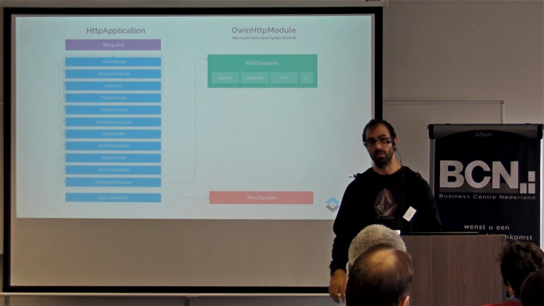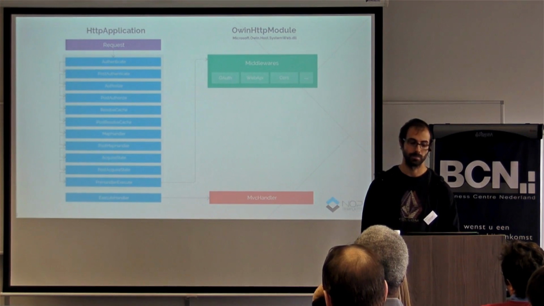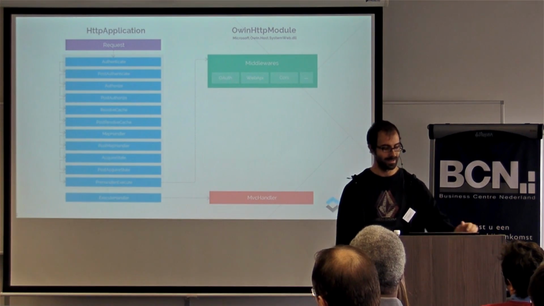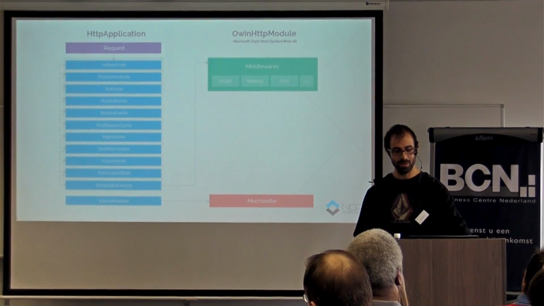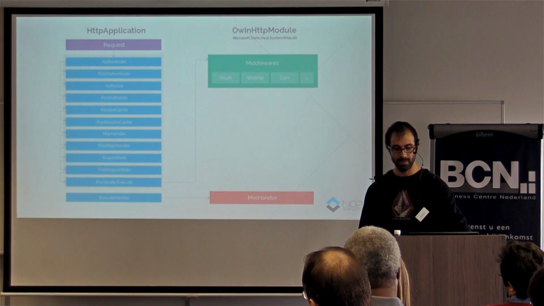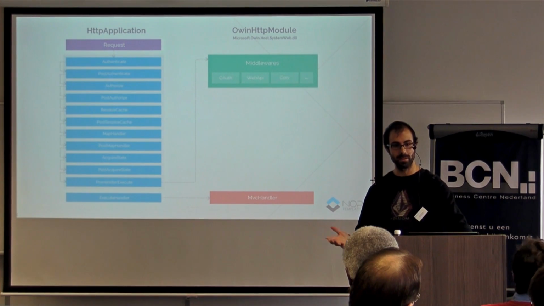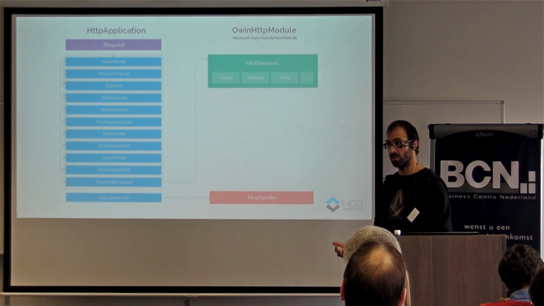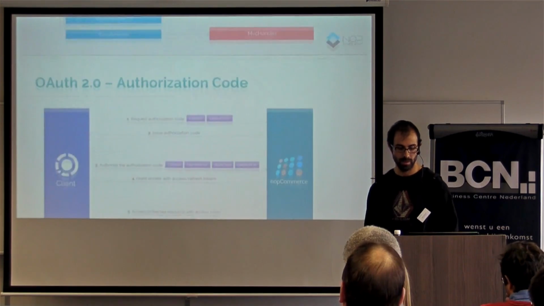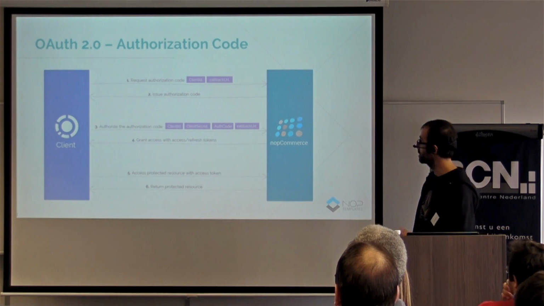So this is about OWIN and Web API. The last technology that we used in our solution is something that no Web API can do without, and it has to do with authorization and the subsequent authentication of the requests.